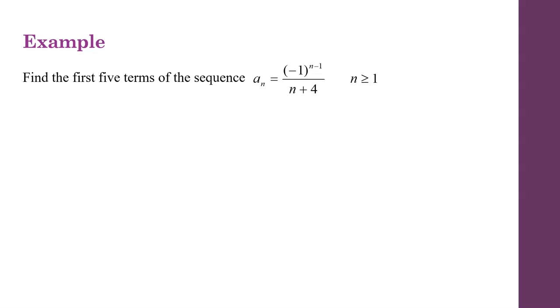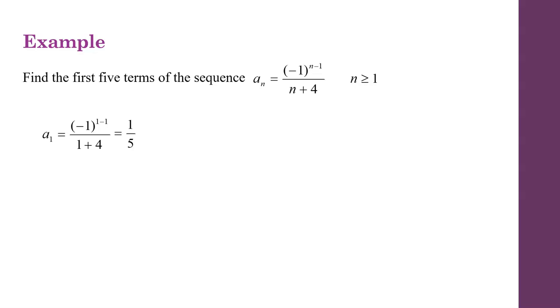To find A sub 1, we just replace all the n's with 1. We'll have (-1)^(1-1) over 1 plus 4. 1 minus 1 is 0, and (-1) to the 0 is 1. So in the numerator, we have 1. On the bottom, 1 plus 4 is 5. So we get 1 over 5.